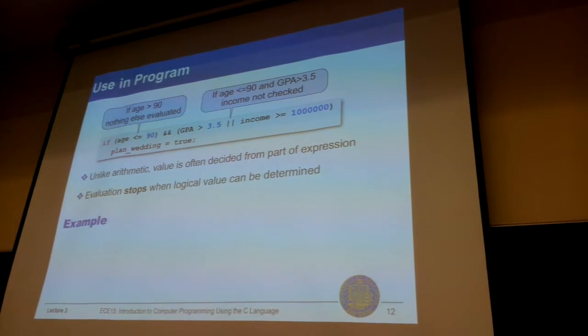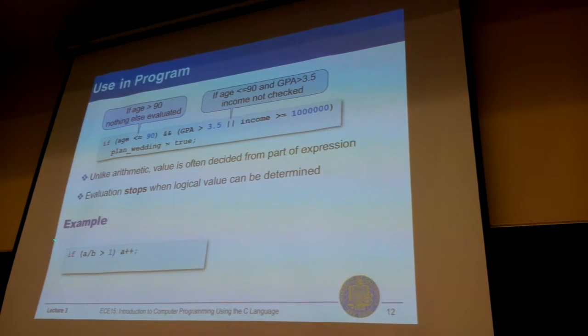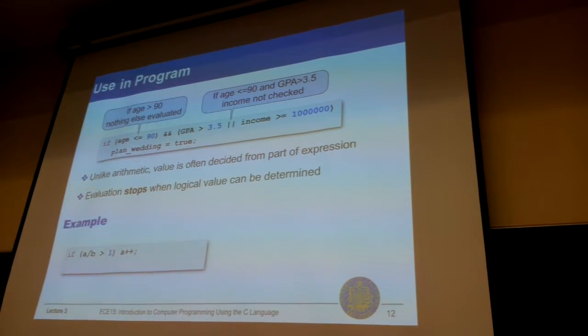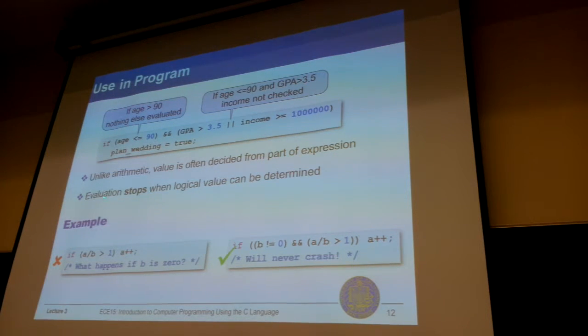So let's look at another example. It turns out that this order of operations can be pretty useful. It can avoid certain types of errors. So if we have this if statement where we're looking at a divided by b and seeing if it's greater than 1, what happens if b is equal to 0, right? If b is equal to 0, and these are integer types, we're going to have a divide by 0 error. It turns out we can avoid that by using this order of operations wisely.